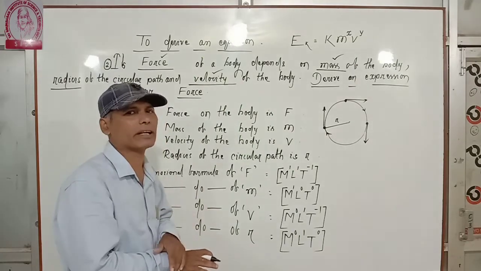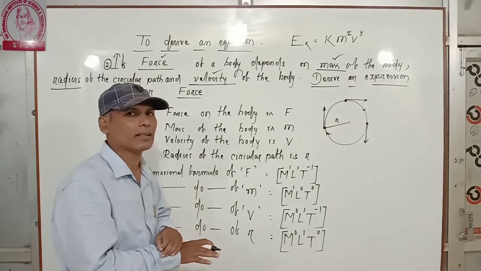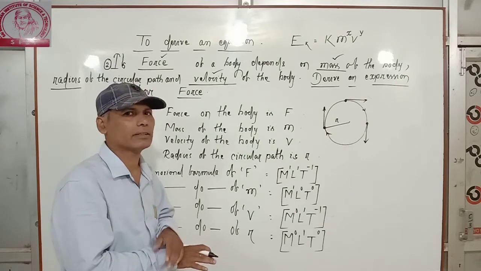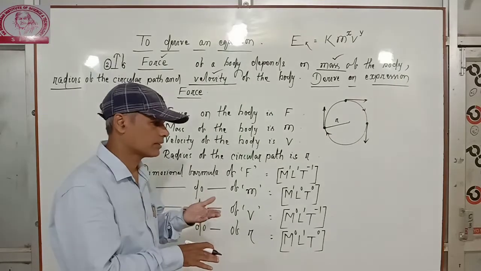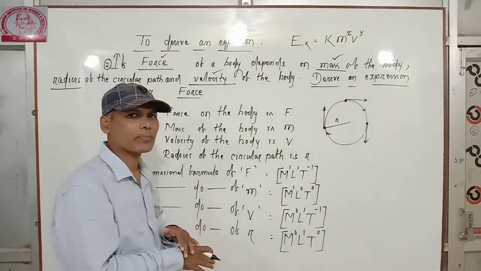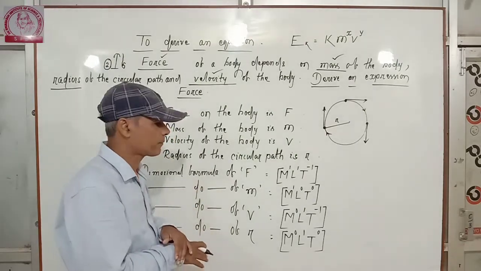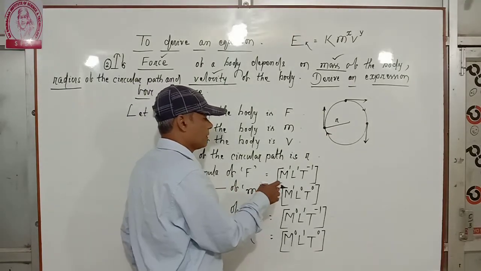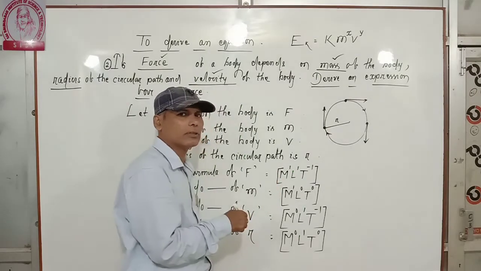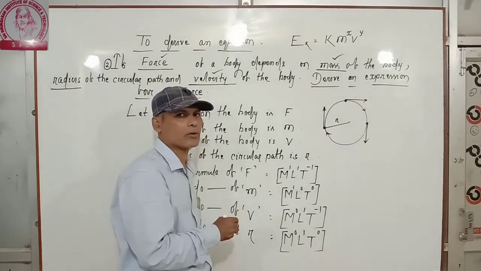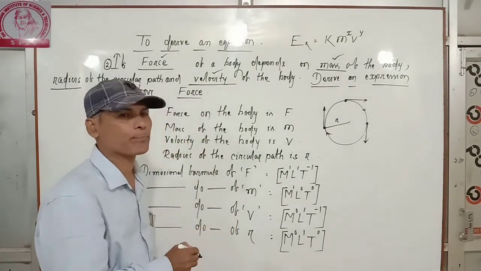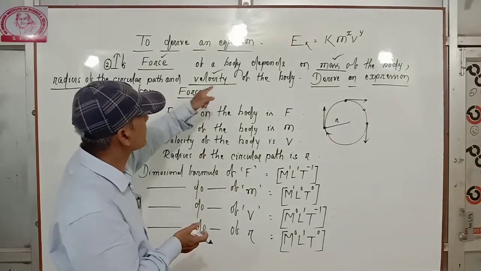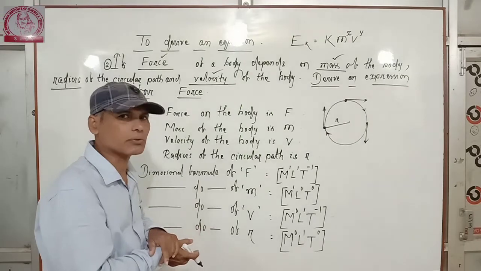So a mistake should be there, and the procedures we follow to rectify a mistake will be helpful while deriving an equation, solving a problem, etc. So now I have to recheck all the dimensional formulas before applying them to derive the equation.